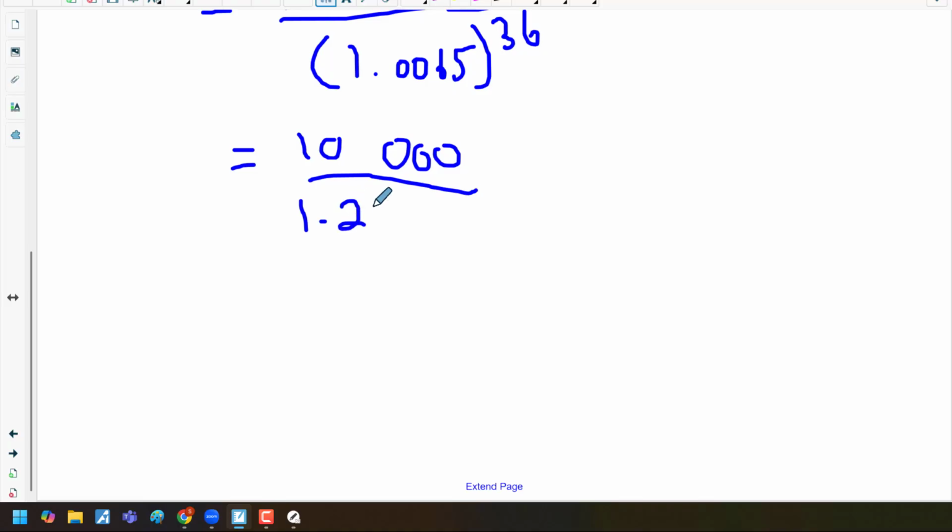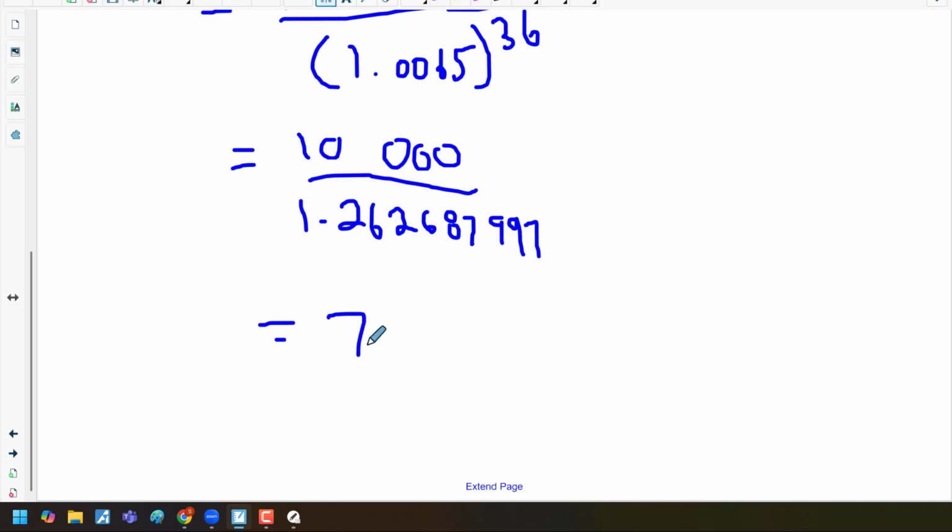But if you don't, go back old school and write everything out and show your work, show your steps to get full marks. So 10,000 divided by that giant decimal there.